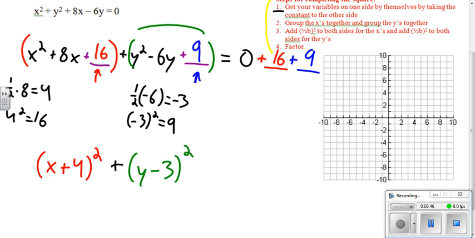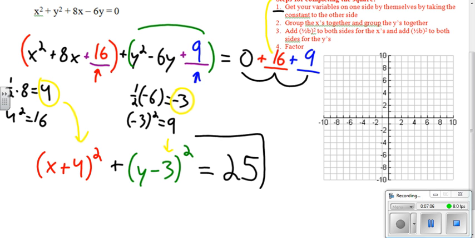It's easy to know what these values are because here's your -3 and it's right there. Here's your 4 and it goes right there. So that's where those values are coming from. Then we just set it equal to 0 plus 16 plus 9, which comes out to 25.